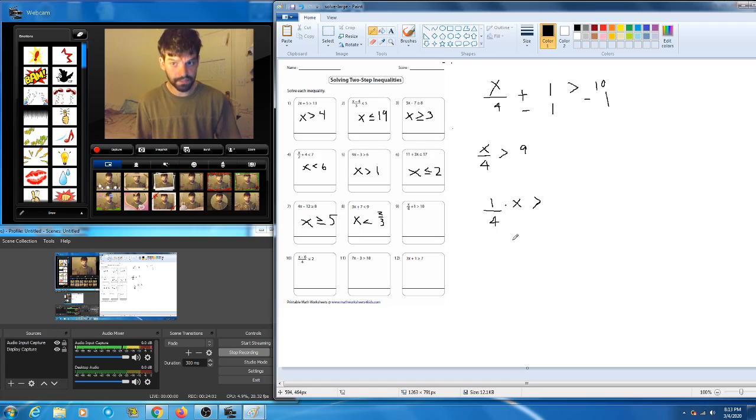But to make our lives simple, we'll multiply by 4. So as complex as that sounds, we're still seeing that x is divided by 4, so we're just doing the inverse of that and multiplying by 4. So we'll get 9 times 4 on the right side. Again, this 4 times 1/4 will cancel out. x will now be by itself, and x is greater than 36.